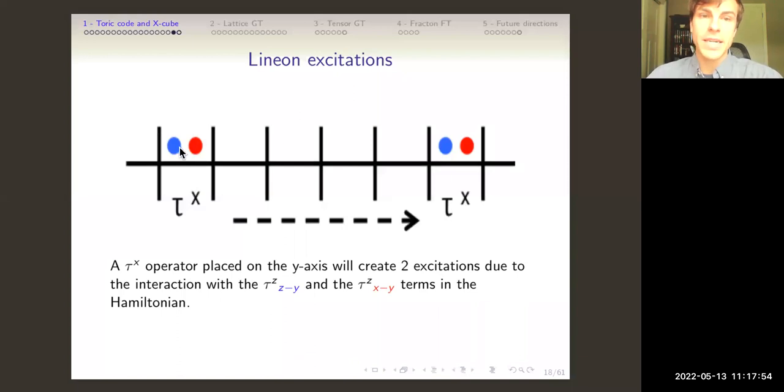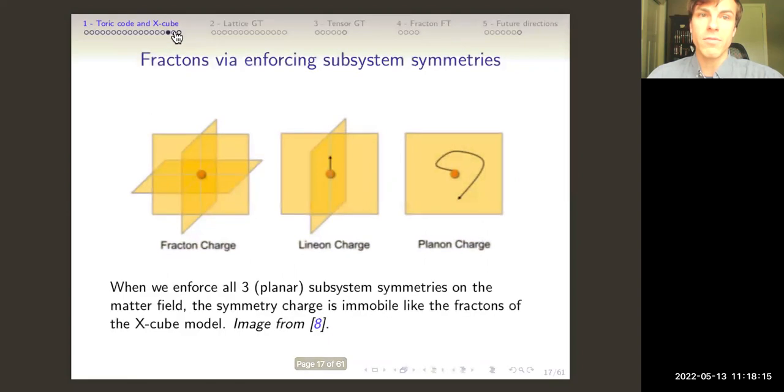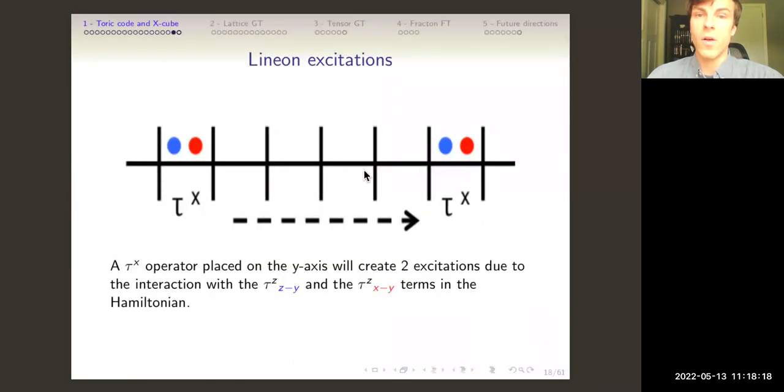Notably, one aspect of these lineons is that if we were to excite one of the lattice sites by placing an operator that would flip them, so if we note each of these terms along one of the axes, only 2 of them would be excited by a Pauli X along one of the axes.